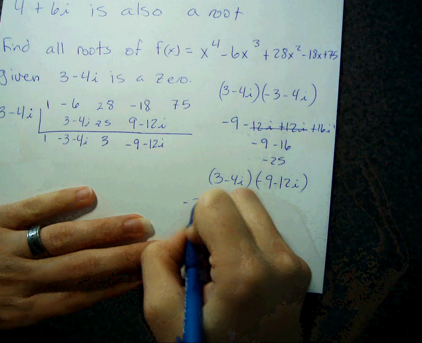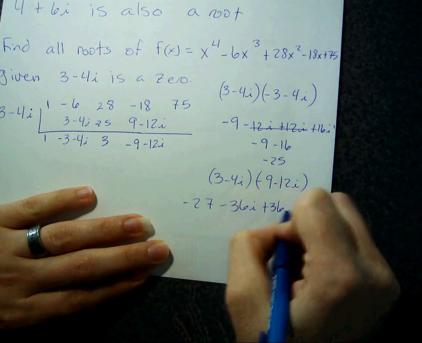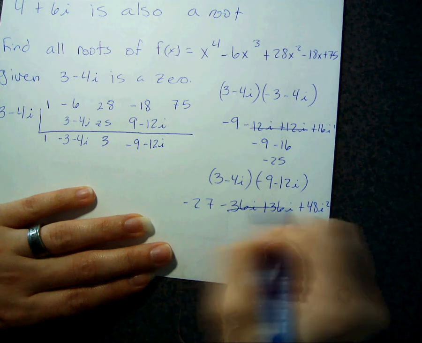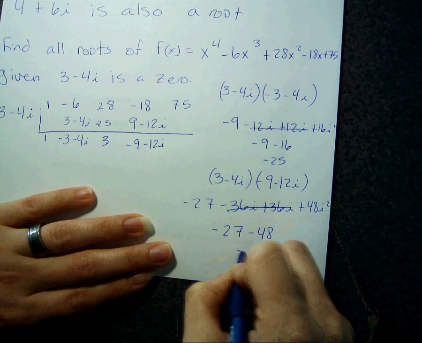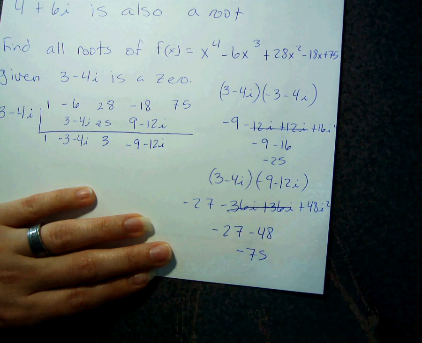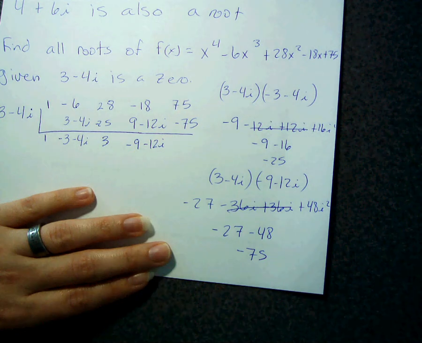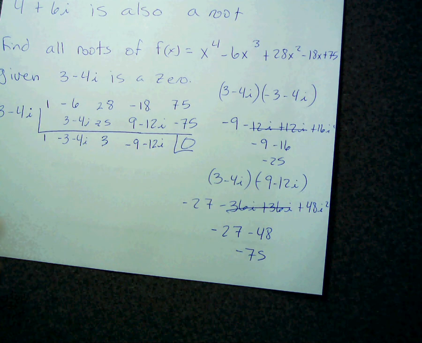I get negative 27 minus 36i plus 36i plus 48i squared. The 36i's cancel out. I get negative 27 minus 48, which is negative 75. Put in my negative 75. 75 plus negative 75 is 0, which it should be because we already knew it was a root.